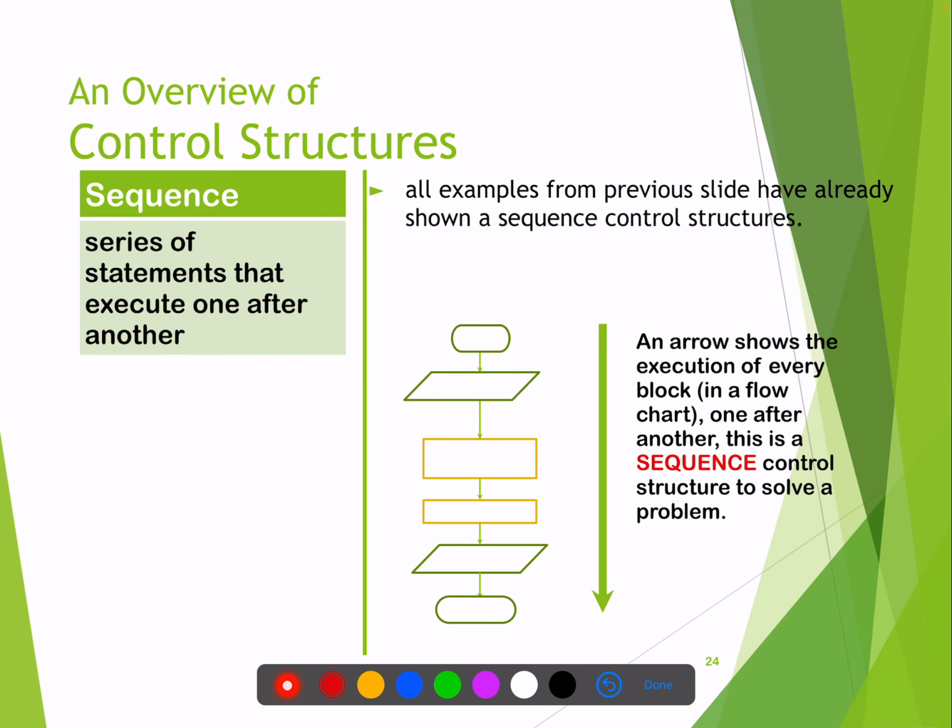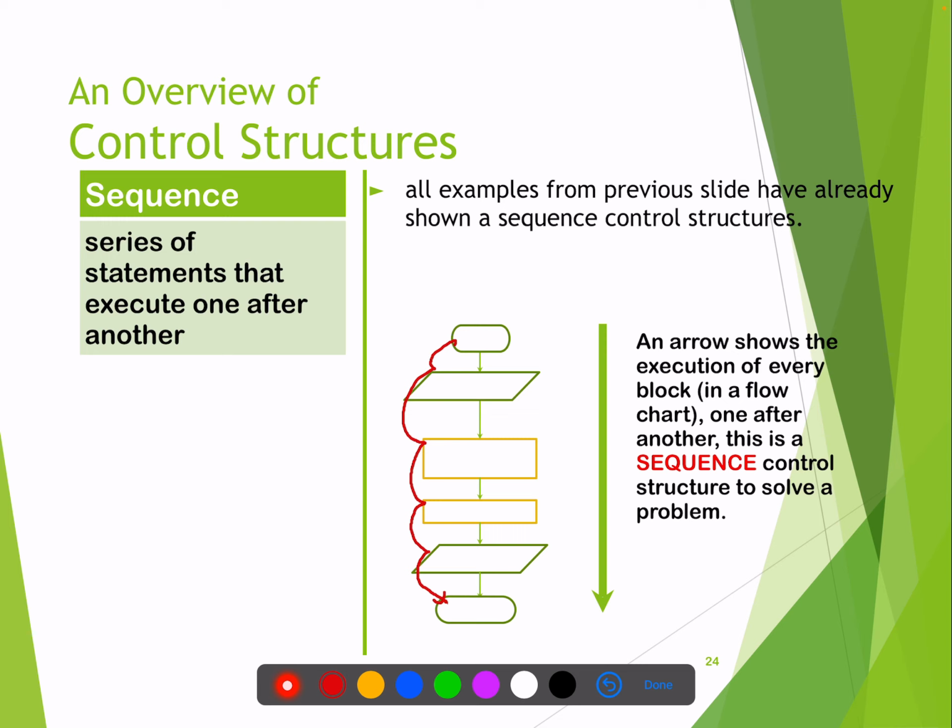For this sequence, a series of statements that execute one after the other. That means from the start until the stop, the flow of the program is only in one linear line without any escaping from the process. After one, go to the next, without any escape or going to another part.